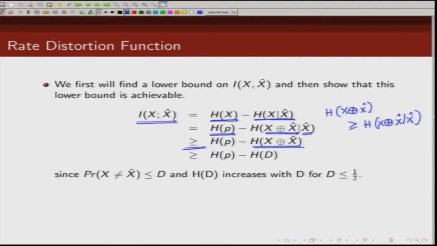That is why mutual information between x and x hat is greater than or equal to h of p minus h of x XOR x hat. And x XOR x hat is basically when there is an error, and this probability of error is upper bounded by d. So, I can write this as greater than or equal to h of p minus h of d.